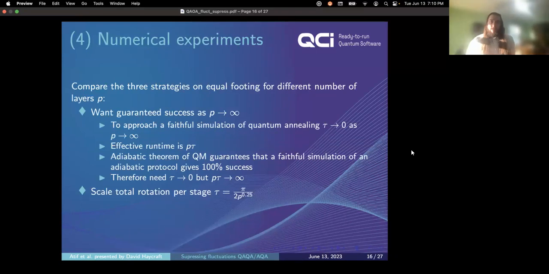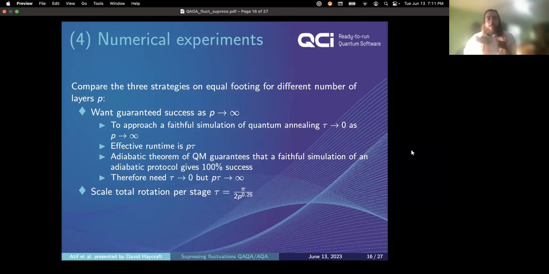Our goal was to compare these three strategies on a fair basis for different numbers of layers. We wanted to guarantee that as p goes to infinity, we are approaching a faithful simulation of a quantum anneal as tau goes to 0 and p goes to infinity.